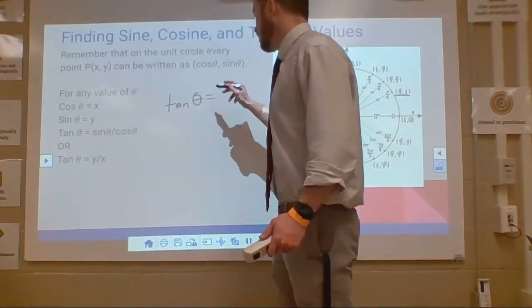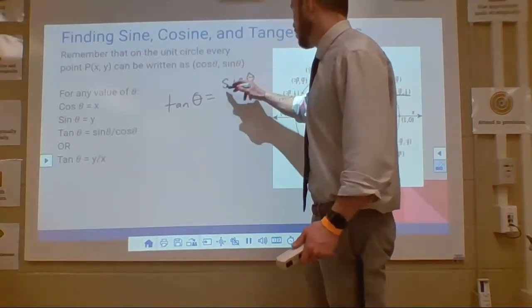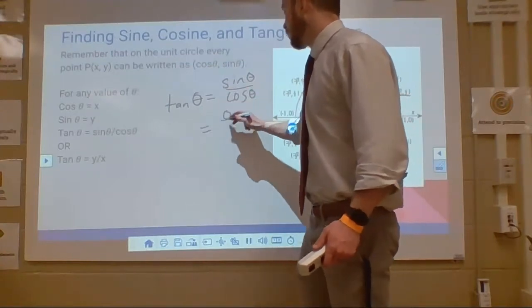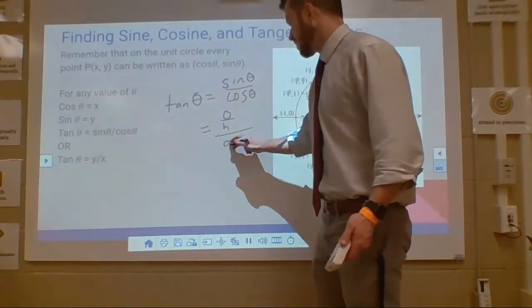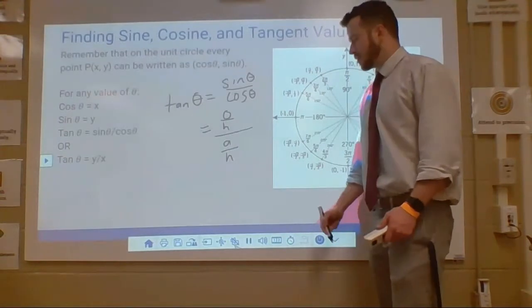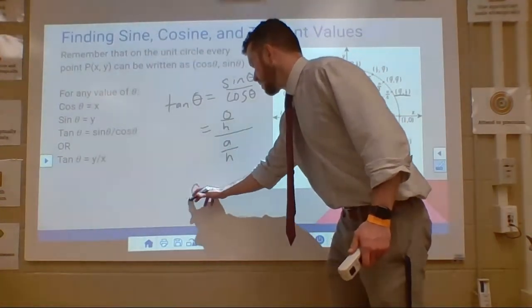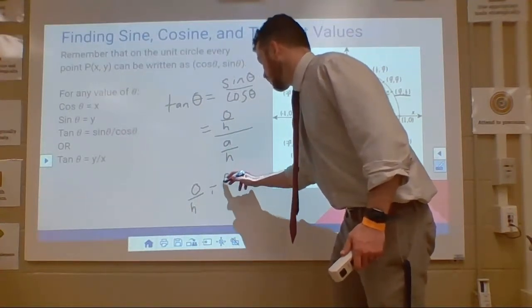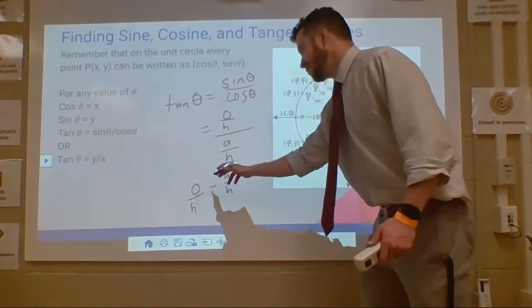The tangent of theta is sine of theta over cosine theta. Remember that sine is opposite over hypotenuse and cosine is adjacent over hypotenuse. So I'm saying opposite over hypotenuse over adjacent over hypotenuse here. Let's write this out horizontally instead of vertically: opposite over hypotenuse divided by adjacent over hypotenuse. When you divide fractions, you keep, change, flip, right?